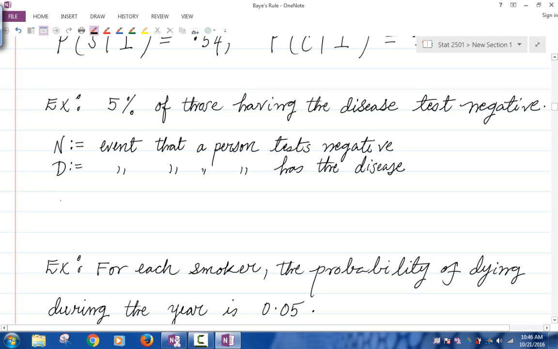Which conditional probability is given here? P of N given D is 5%, which means 0.05, right? Is everybody clear?